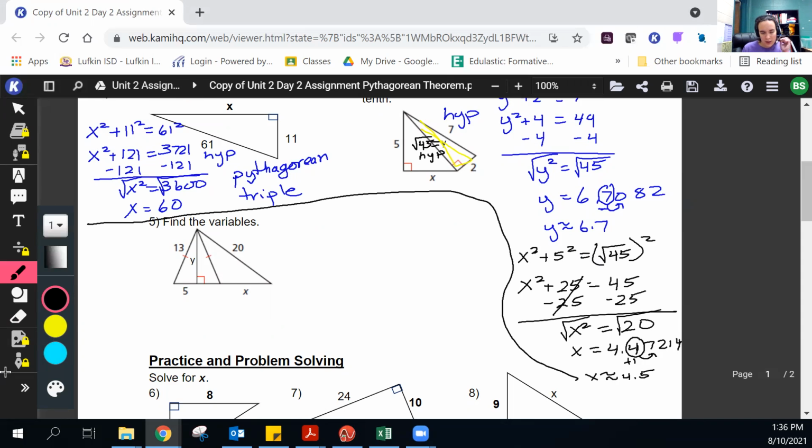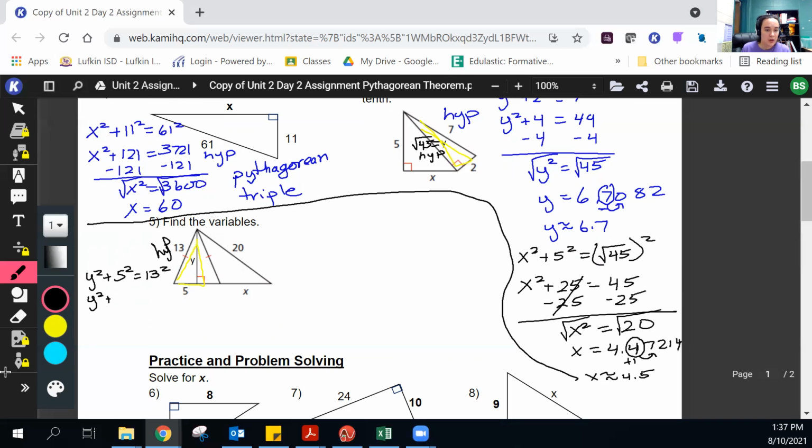Then our last one, again, we want to find the value of the variables. And we need to start with the triangle that has the most information, which is the leftmost triangle. And that means that 13 is our hypotenuse on that one. So we've got y squared plus 5 squared equaling 13 squared.